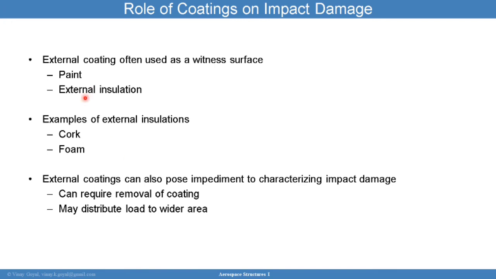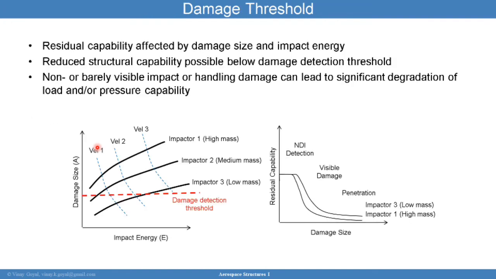Another thing is that the cork paint, also cork foam or external insulation, these protective devices for thermal protection, in most cases, could actually make the situation worse by distributing the load over a wider area and causing more widespread damage.